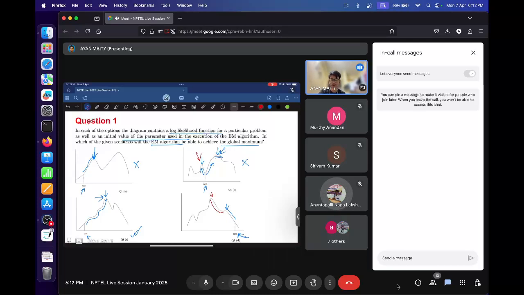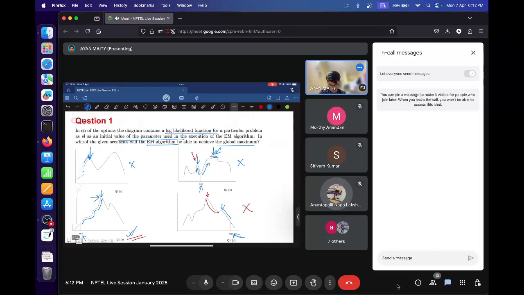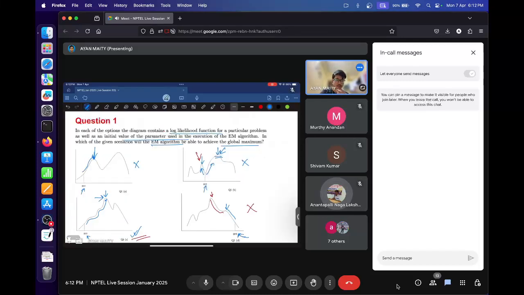So there is only one correct answer, which is option C. In option C only, the EM algorithm will be able to achieve global maximum. Is it understandable?